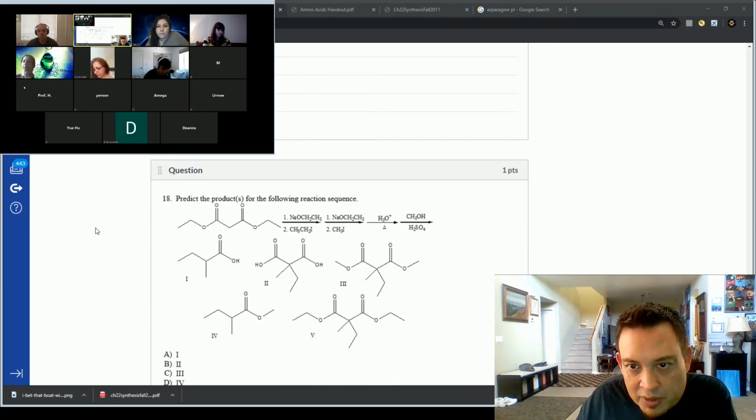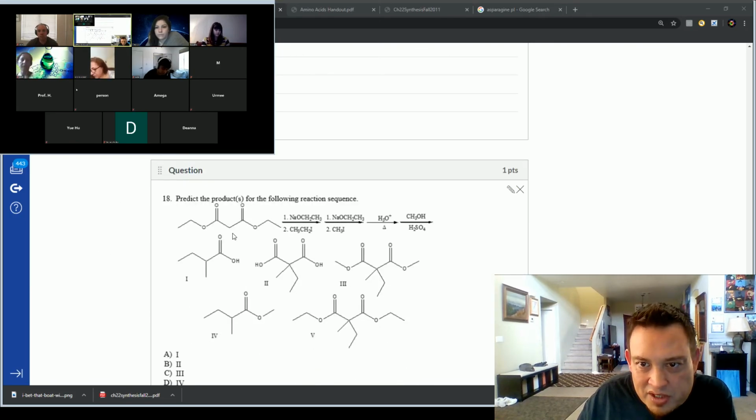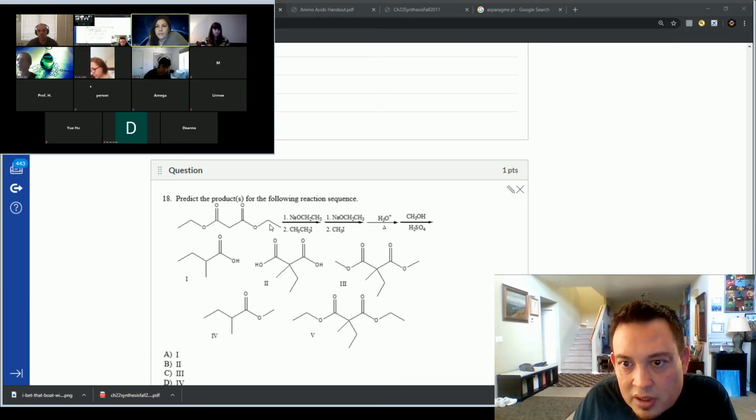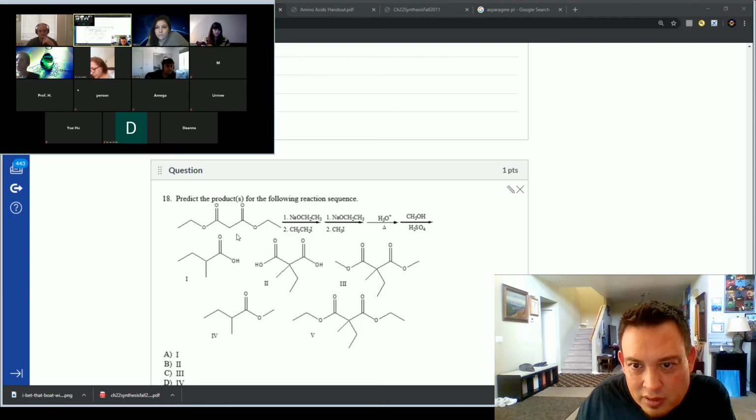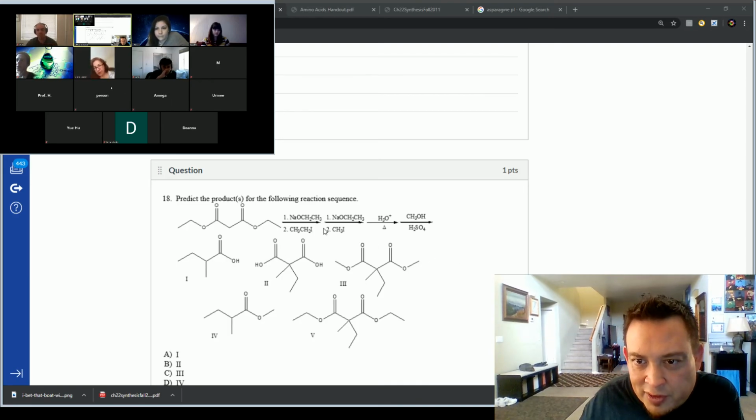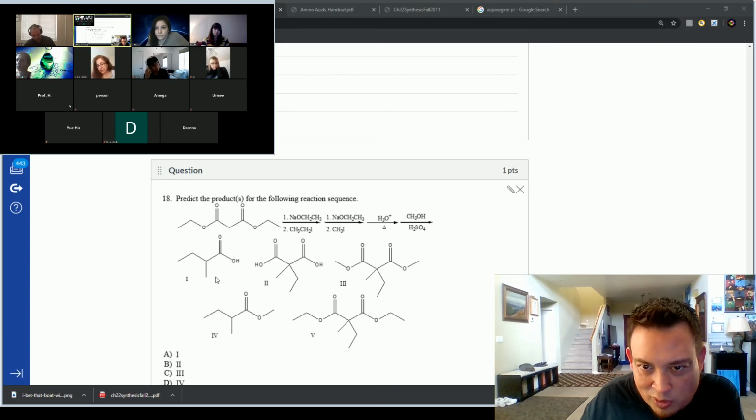All right, and then number 18. This is kind of the same question again, sort of. B. It's happening twice though. That's D. So basically, you're getting the alkyl group on there twice. And then you do saponification, which is this product. Wait, so sorry, after the first two reactions, you get choice 3. And then after the next reaction here, we get, is that even a choice? This one? It's choice 1. And then esterification, you get choice 4.